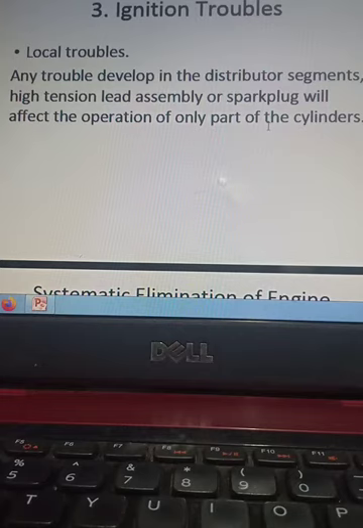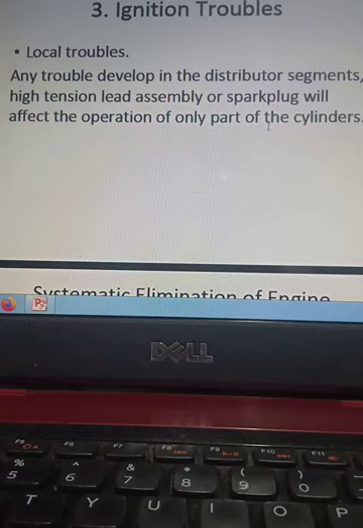If local, it affects only part of the engine. And if general, it can affect the entire engine. And in their troubles, we have only 3. So we say compression, carburation, or ignition.